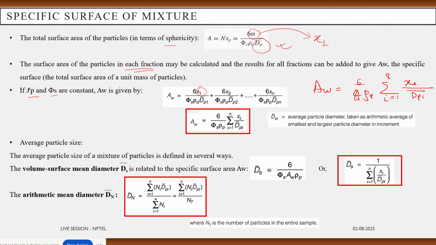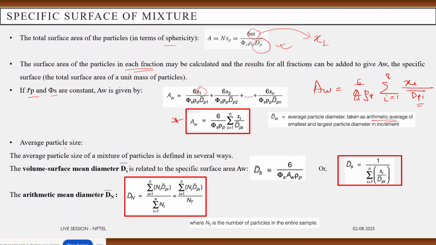You should note down how the dpi will be calculated; we will discuss that when a numerical comes up. This average particle diameter is nothing but the arithmetic average of the smallest and largest particle diameter in the increment. So we have already discussed the specific surface of the mixture and how to calculate it. You should remember this formula.